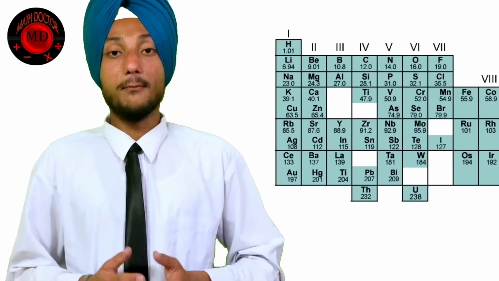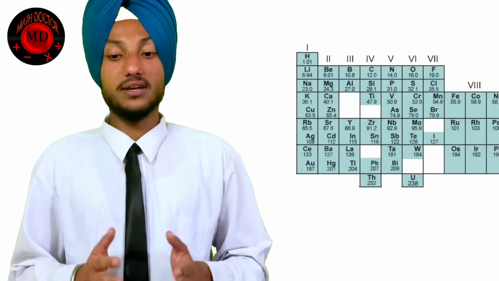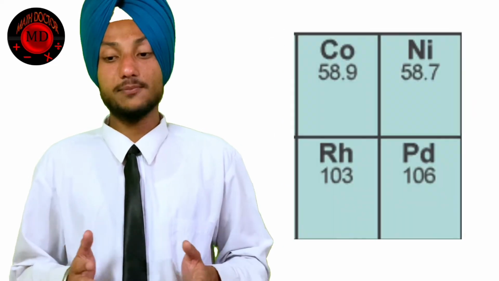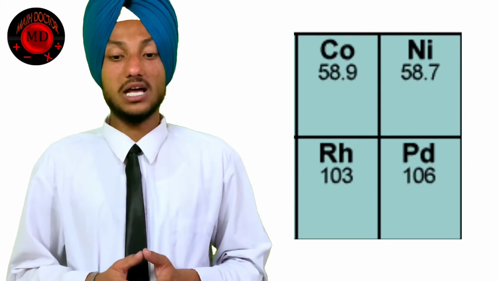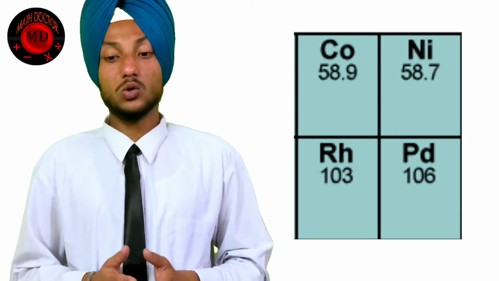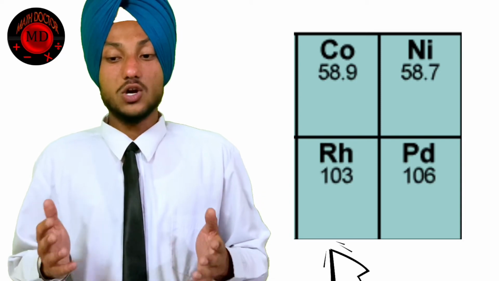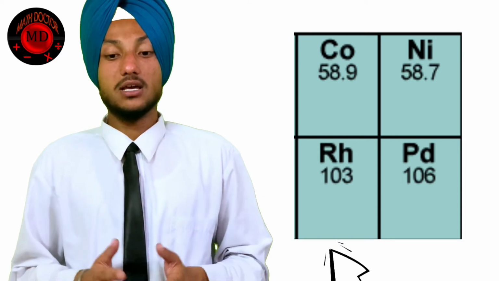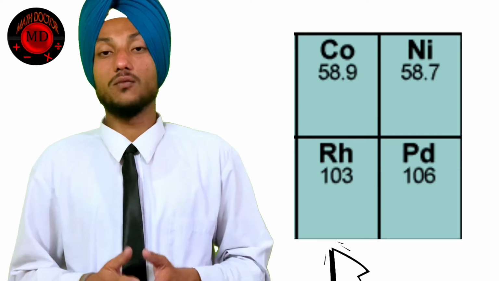For example, Mendeleev placed cobalt, having a higher atomic mass of 58.9, before nickel, having a lower atomic mass of 58.7, so that cobalt could be in the same column as rhodium, which closely resembles the properties of cobalt.